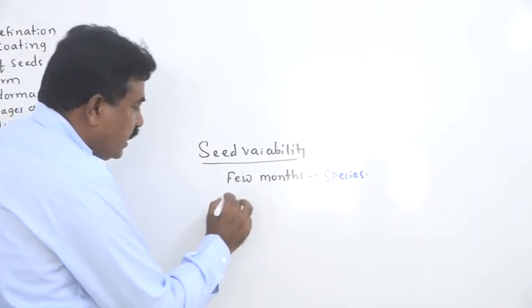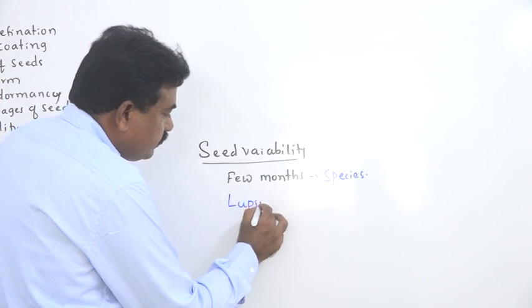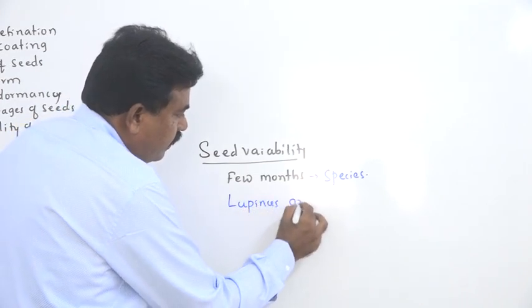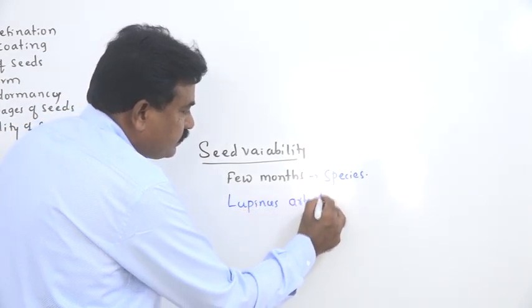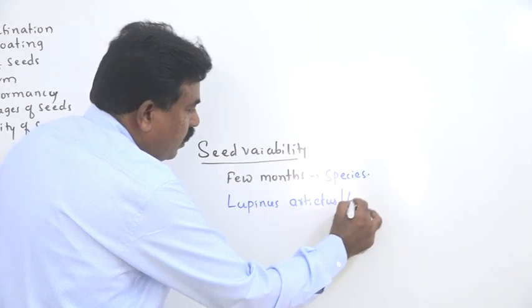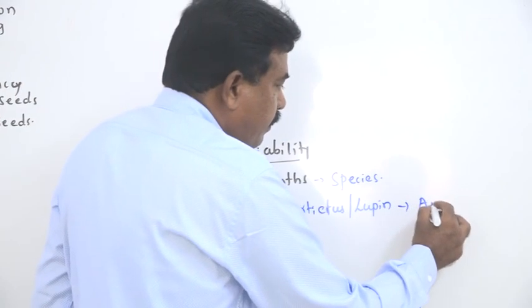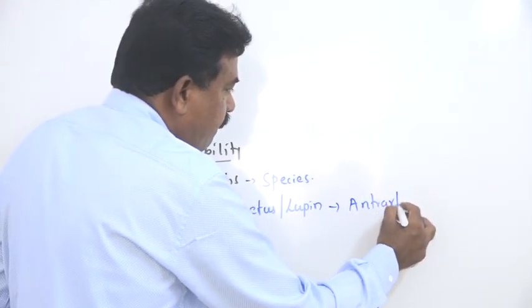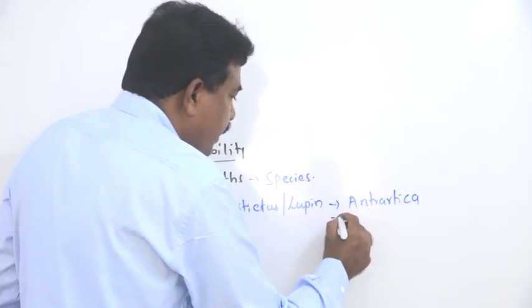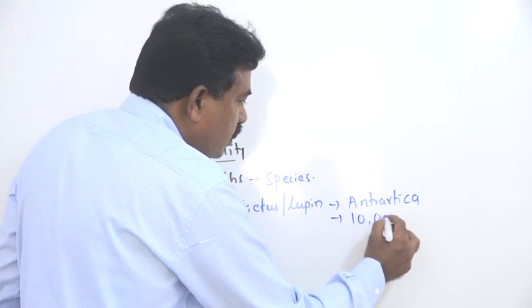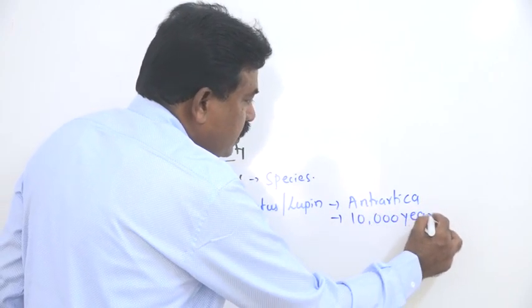In contrast with that, Lupinus arcticus, we call the lupin plant, found in Antarctica. Its viability is around 10,000 years.